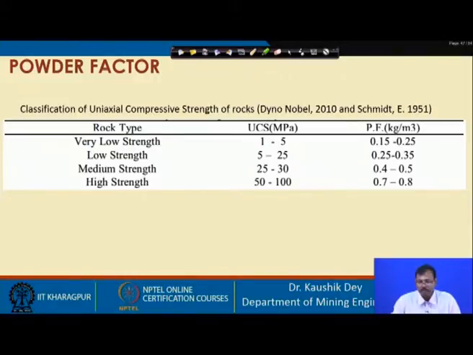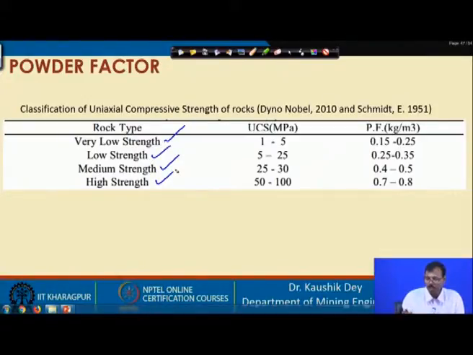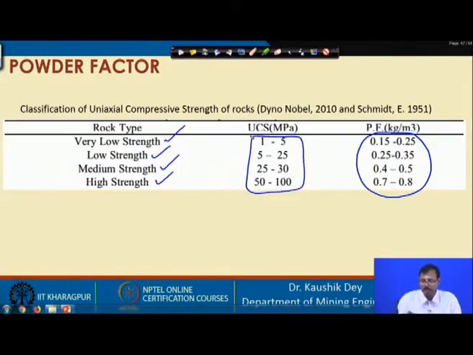Dyno Nobel and Smith in 1951 gave some idea about powder factors expressed in kg per meter cube, that is, the charge factor for very low strength rock, low strength rock, medium strength rock and high strength rock. Low strength to high strength are expressed from 1 to 100 MPa, and for greater than 100 MPa this may continue, and you can see this is in increasing order.